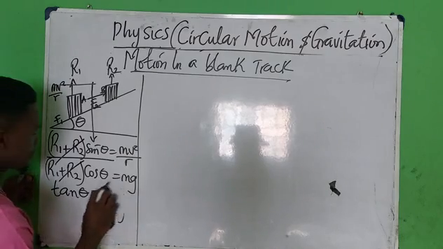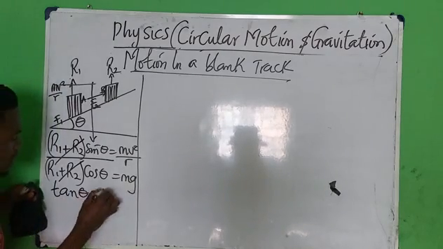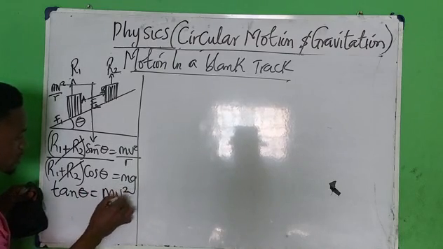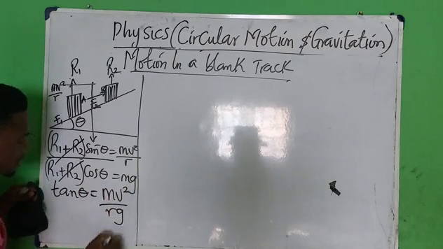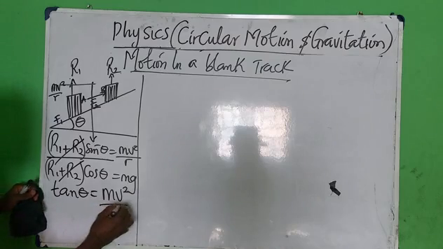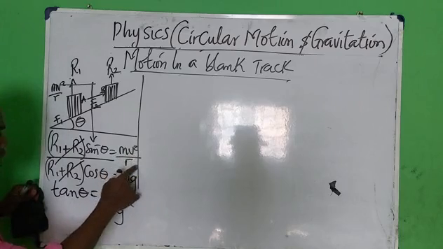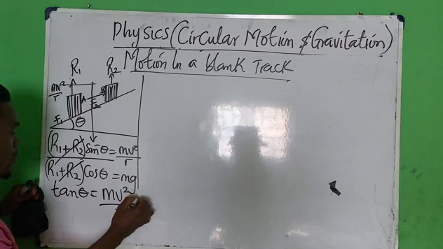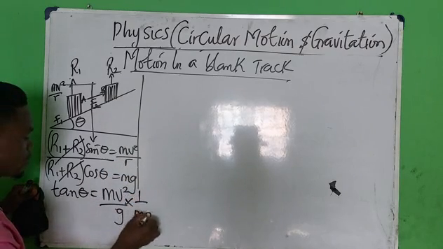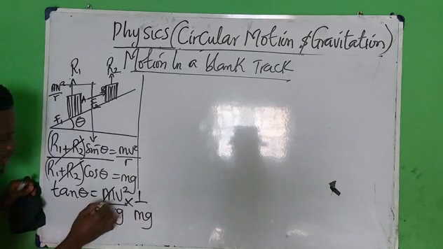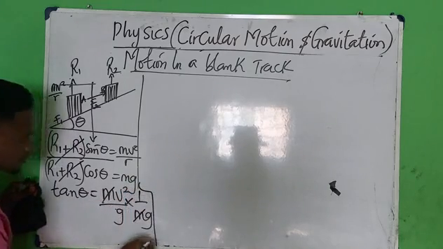Sorry, I'll be having mv squared over r times 1 over mg. Alright, so this guy will go into this guy.